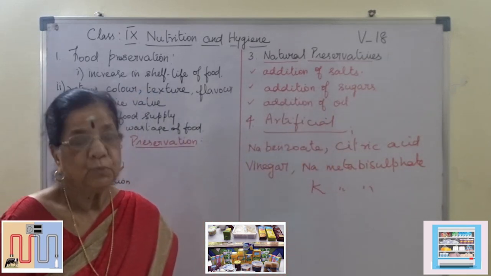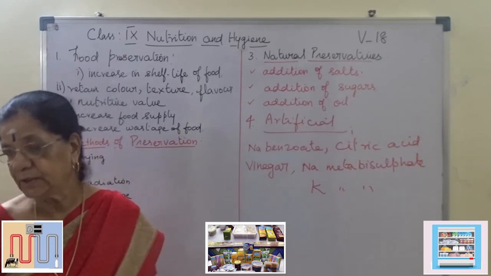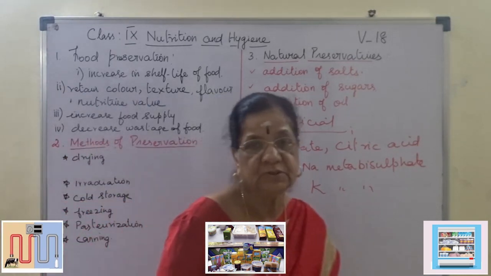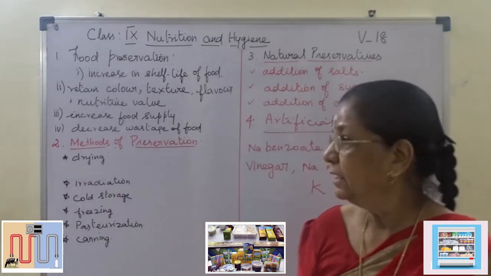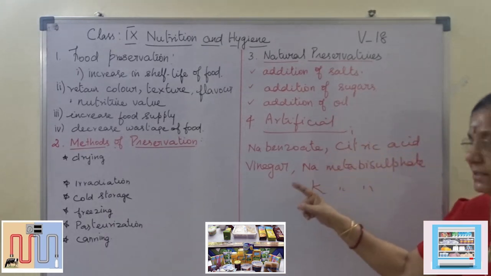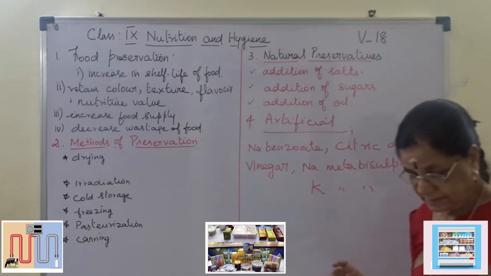These are the food preservative added to the food products like sauce, fruit juice, jam, jelly and ready to eat food. And sodium benzoate, citric acid, vinegar, sodium metabisulfate and potassium metabisulfate. These are all synthetic food preservatives.